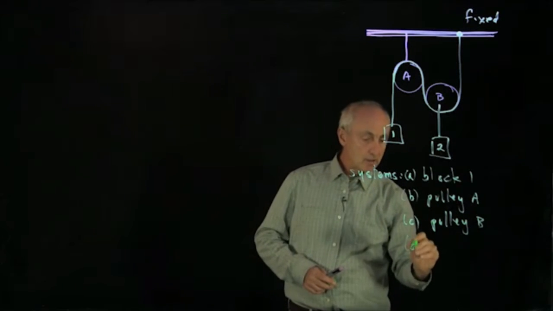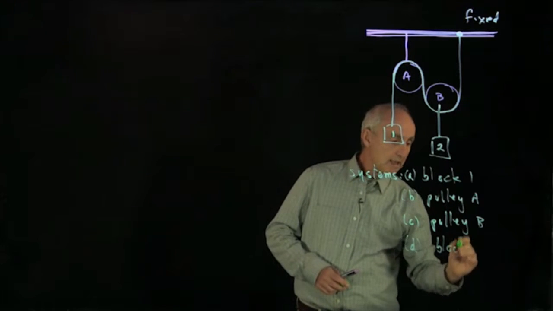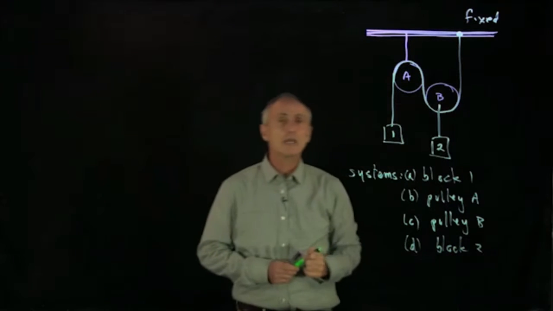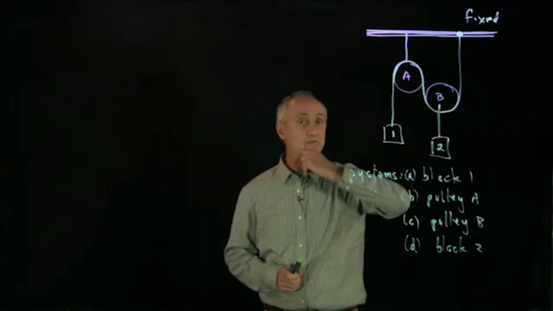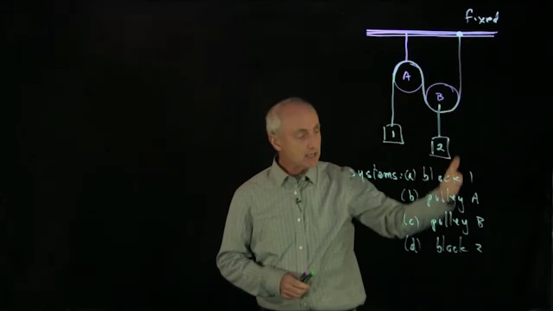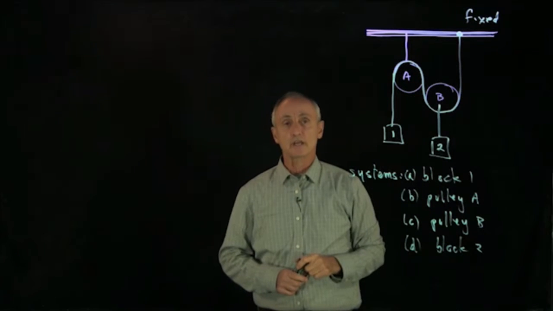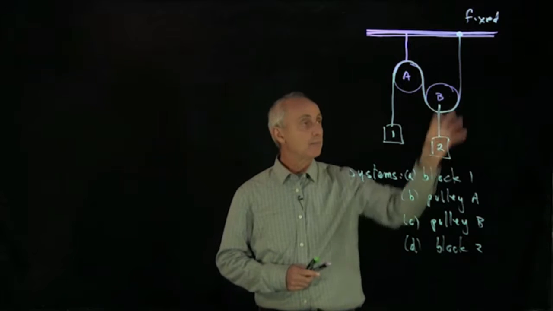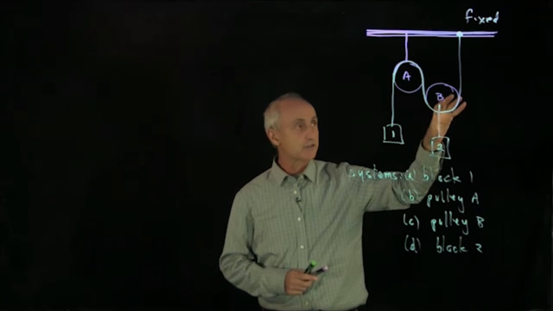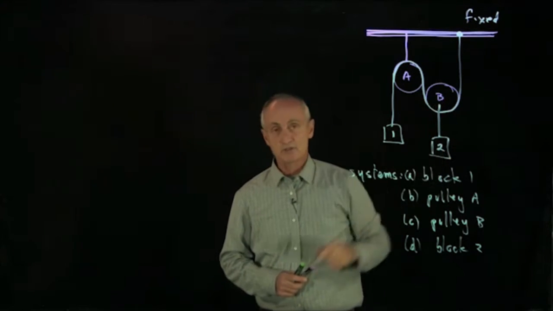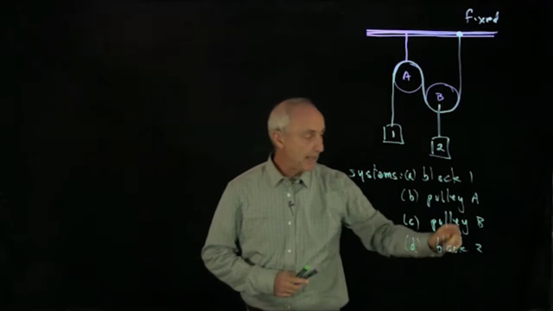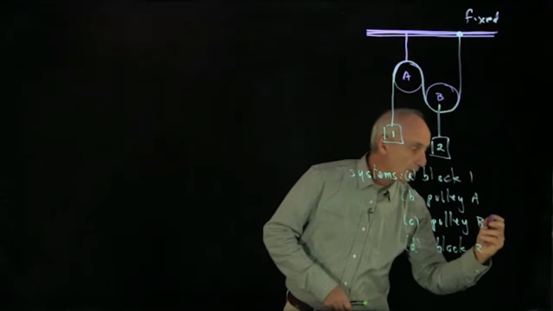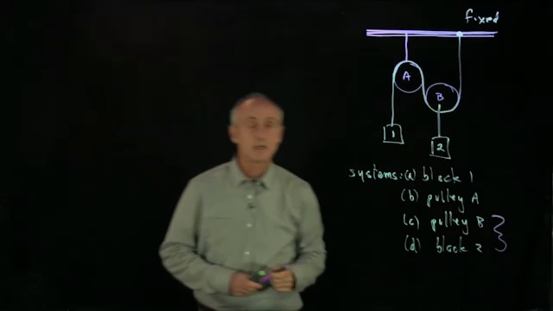and block 2. Now, in some ways, when you're looking at a compound system, and it has 4 objects, it makes sense to apply Newton's second law to each object separately, but we'll pay careful attention to the fact that object 2 is connected to pulley B, and eventually we'll see that we can combine these two things.